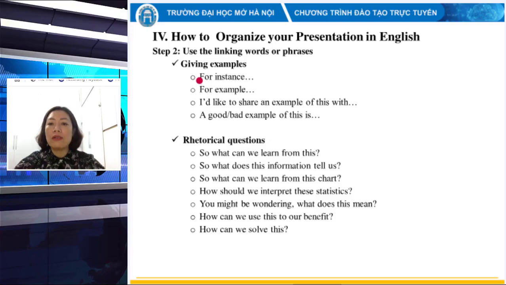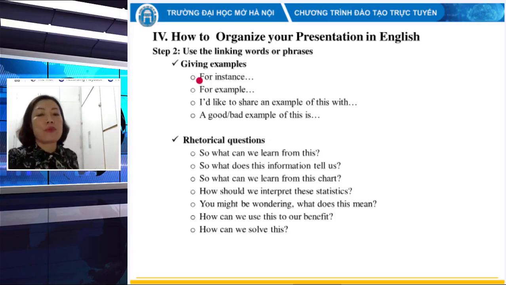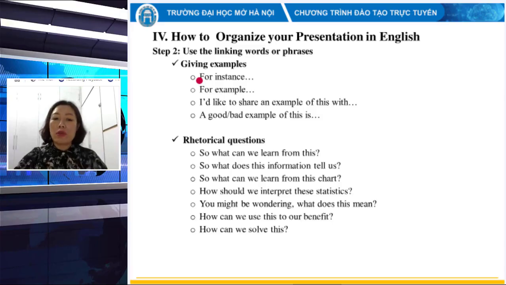And if you want to get the attention or interest of the audience, you can ask rhetorical questions. The rhetorical questions here are just to attract the attention and interest of the audience. You raise the questions, and you have to answer them yourself by saying, so what can we learn from this? What does this information tell us?